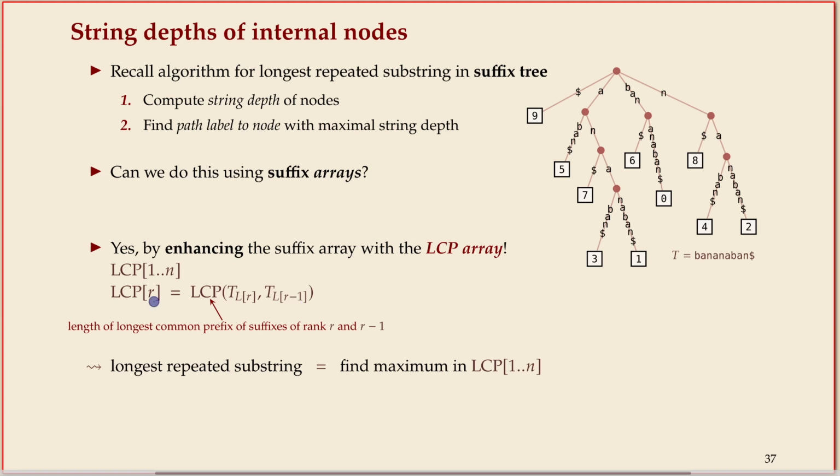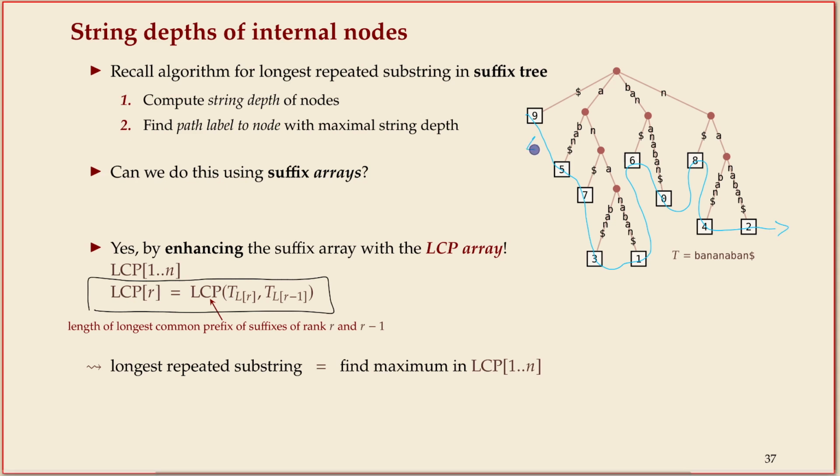So the key definition here is this one. The rth entry in this LCP array is taking the leaf of rank r and the leaf of rank r minus 1, and computing their longest common prefix. So in a way, we have those leaves here in that order.